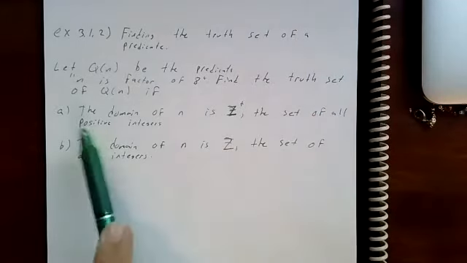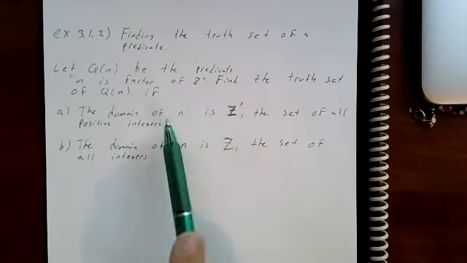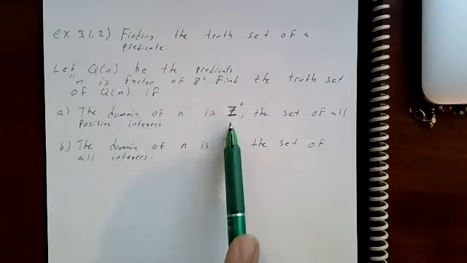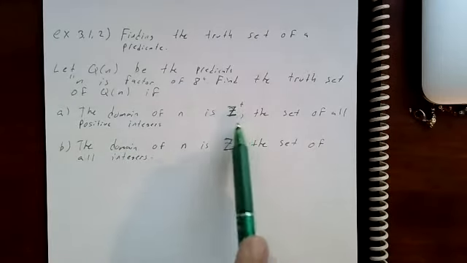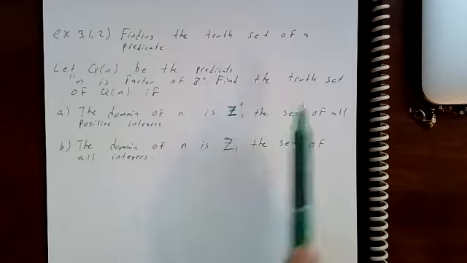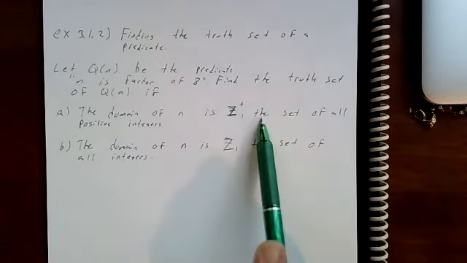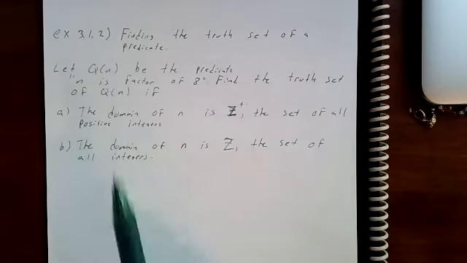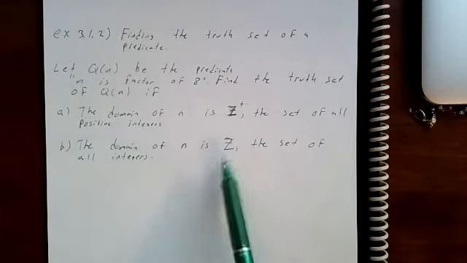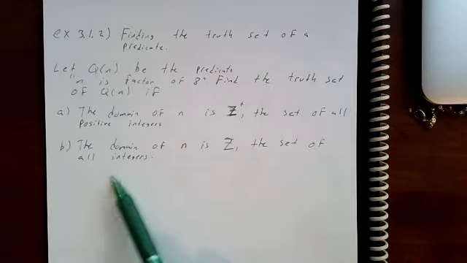The domain of n is Z positive, Z standing for the set of integers, but only the positive integers, the set of all positive integers. For part B, the domain of n is Z, capital Z, the set of all integers.